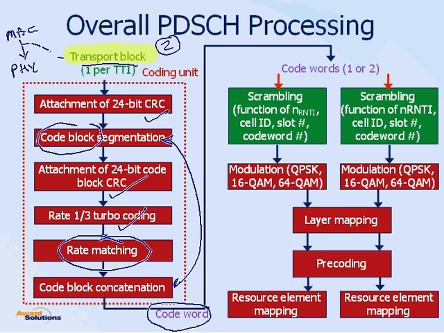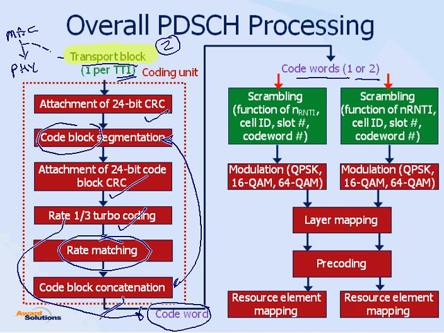Within a 1 millisecond TTI, that is your transmit time interval, that is your subframe, we have the capability of sending 1 or 2 code words. As you can see, whatever comes out of the coding block is essentially your code word.